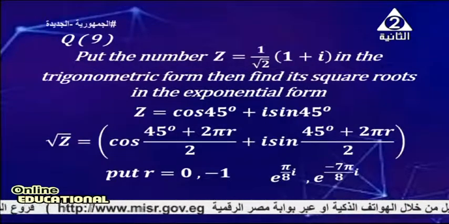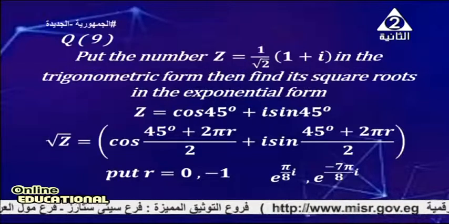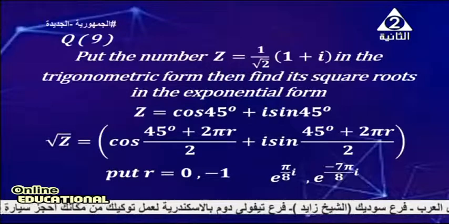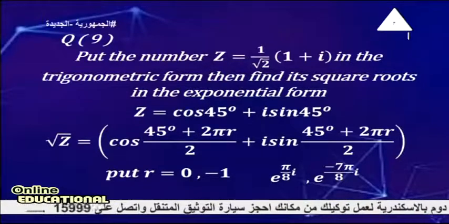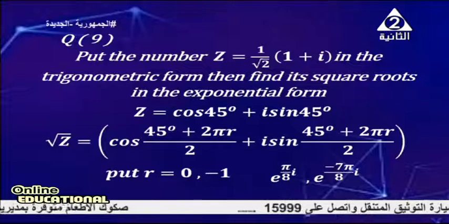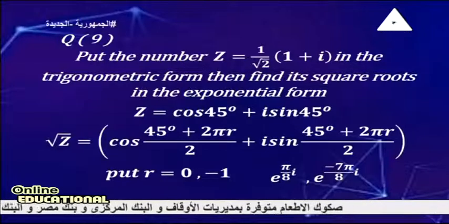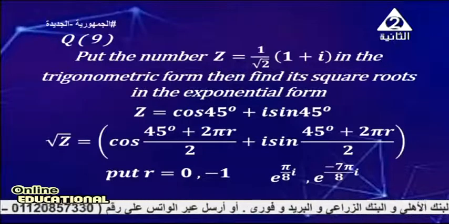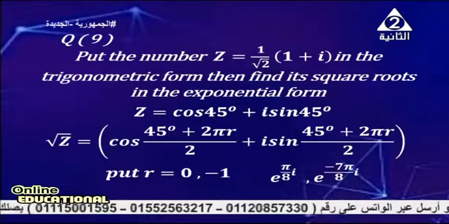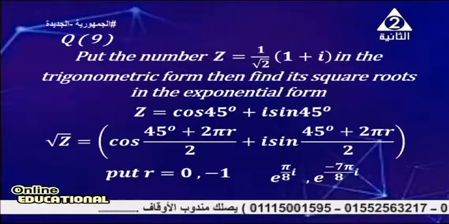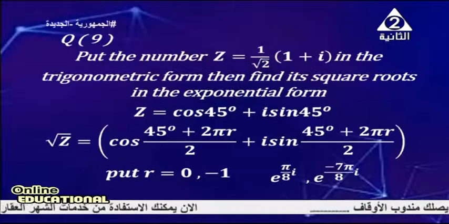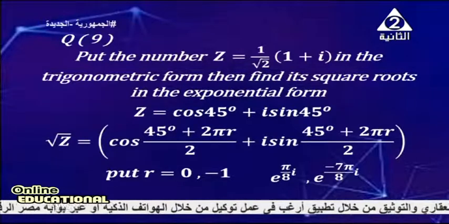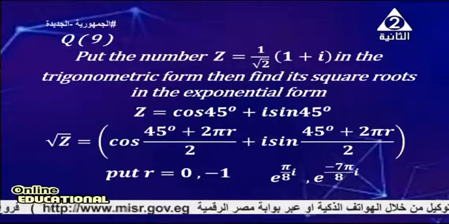We have three forms: algebraic form, trigonometric form, and exponential form. In exponential form, e to the power pi over 8 i and e to the power negative 7 pi over 8 i. For this square root of z, we have two roots.